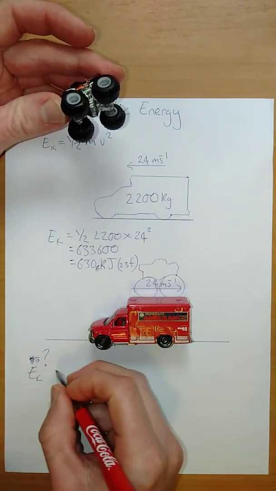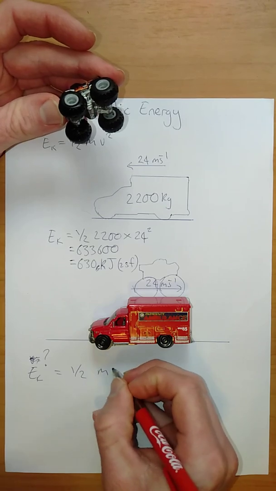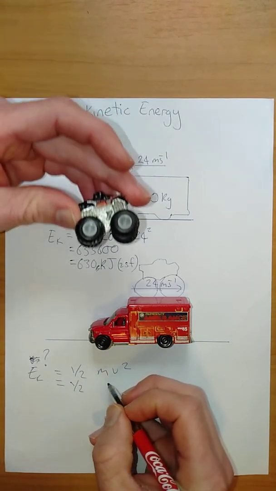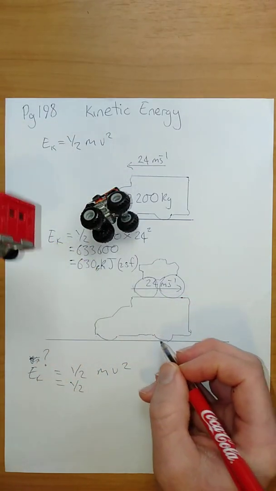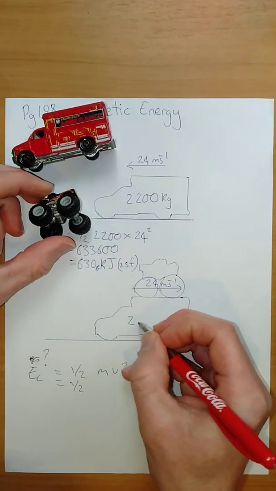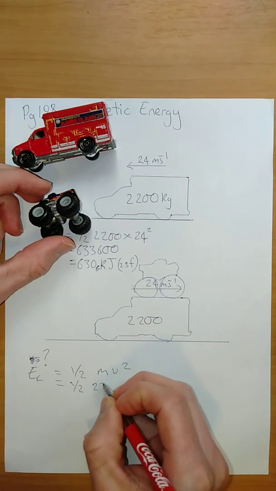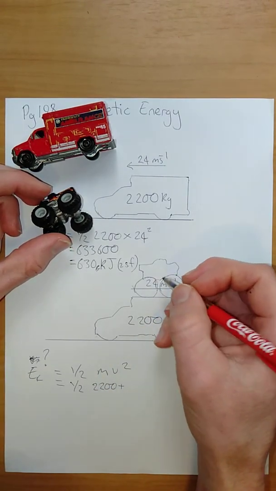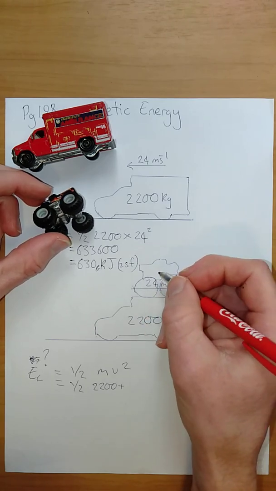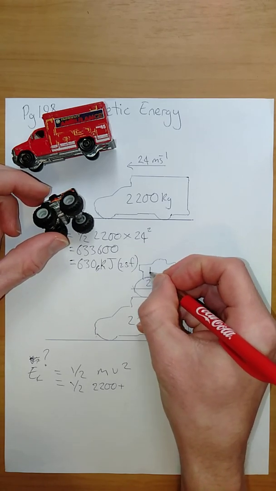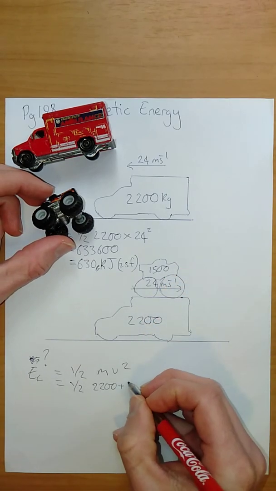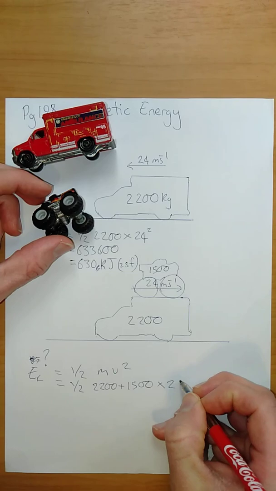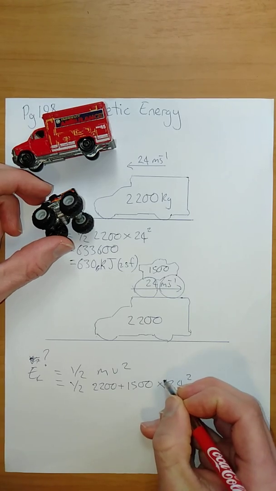So EK is equal to half mv squared, gets written down, and that's half of our mass, which is still going to be 2200 plus the mass of the mini monster truck, which is, let's say it's 1500 kgs, times 24 squared, and it's negative 24 squared.